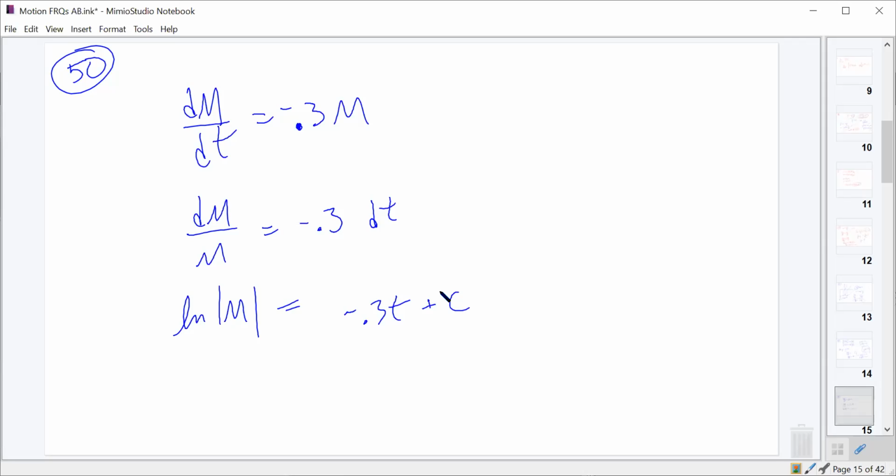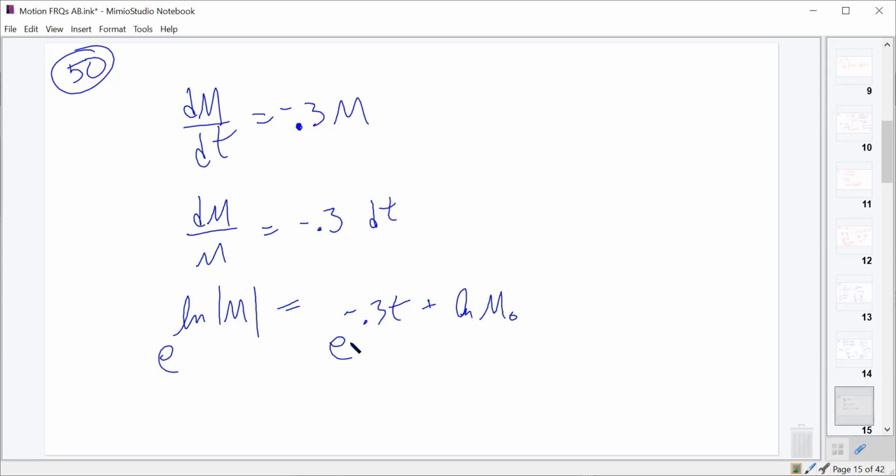At t equals 0, the amount that we have is our initial amount, so that constant is natural log of the initial amount, natural log of m naught.